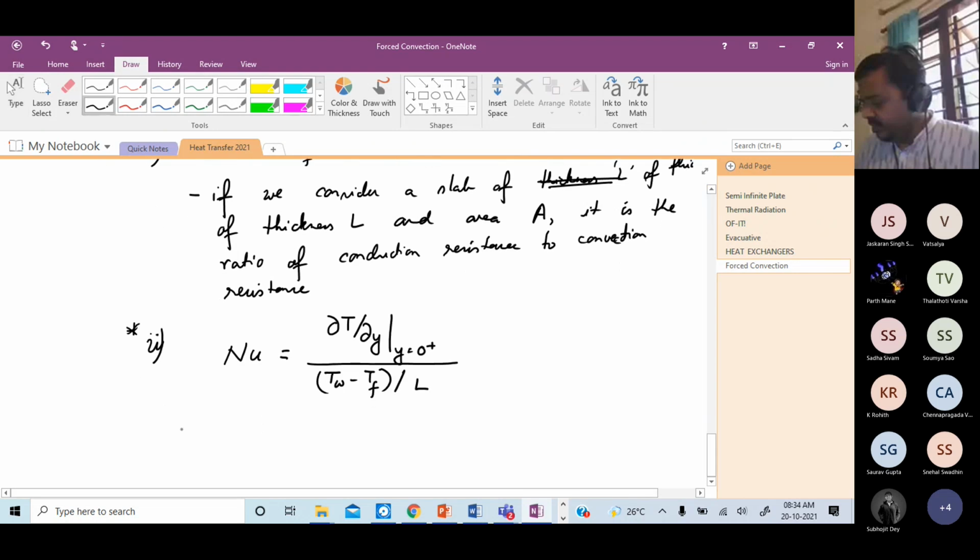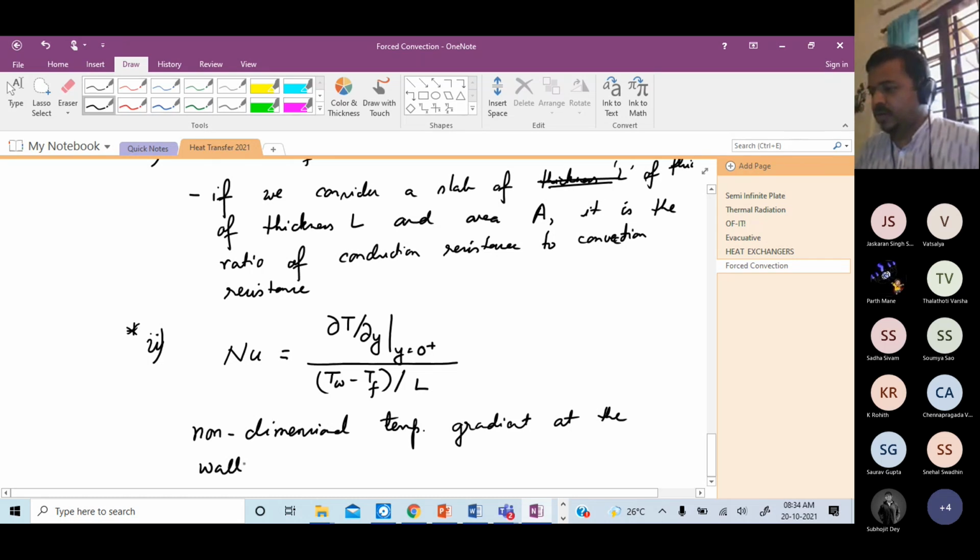And I will say that this is actually a non-dimensional temperature gradient at the wall. How did it come? It's simple.